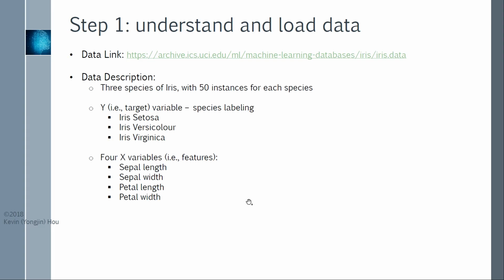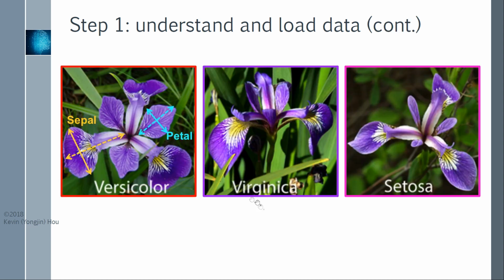Now let's continue with our data work, step 1. Here is just to give you a sense of what the 3 types of iris look like. We see the pictures of them. And also here we have the linkage between the picture and the feature.